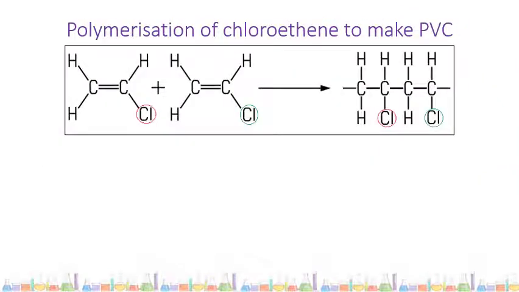Another example would be the polymerization of chloroethene to make PVC. Again, this is done in the same way where we take the double bond in the chloroethene molecule, we open it up, and that allows us to create some more single bonds over here that we didn't have before. Again, it's important to show that the molecule is not complete here.